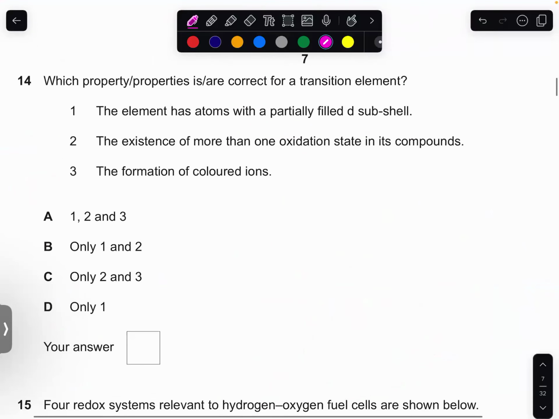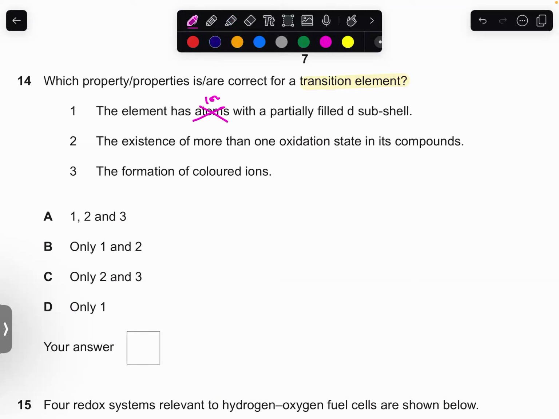Last 2 questions. Which properties are correct for transition elements? With transition elements, the element has an atom with a partially filled d subshell. No! It's not atom, it's ion.